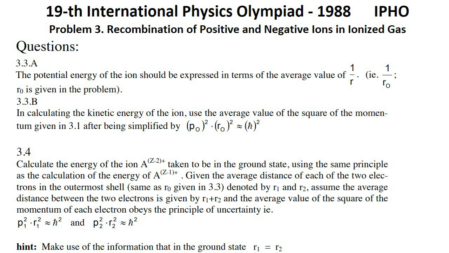That is, P1 square R1 square approximately equal Planck constant square and P2 square R2 square approximately equal Planck constant square. Hint: make use of the information that in the ground state R1 equals R2.